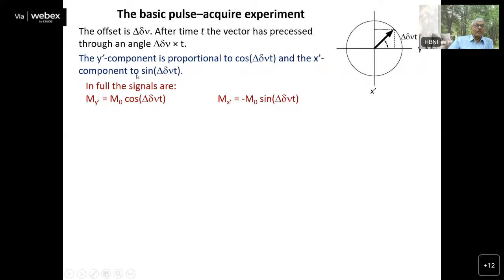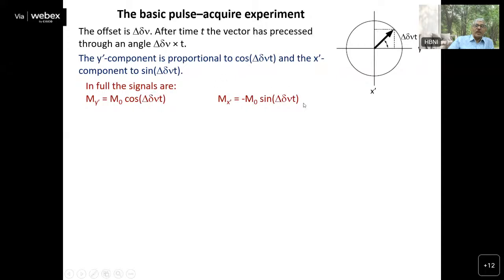So what will be the full signal, because that was the proportional thing I told. Now what will be the full signal value? The full signal value, M y prime, will be M0, the initial equilibrium magnetization, and then cos of the offset frequency into t.